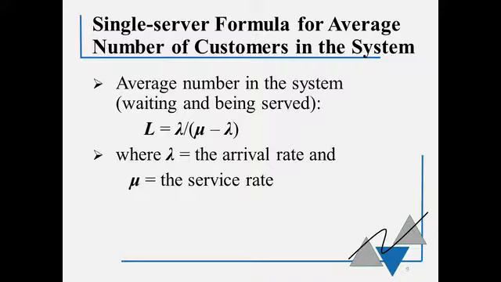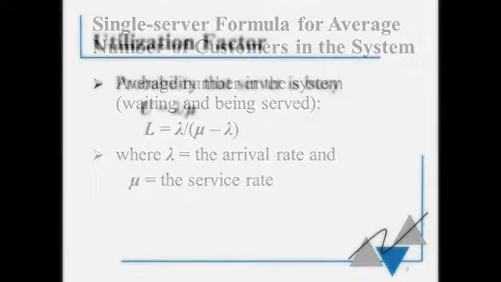As I mentioned before, I want to focus on definitions in this video, but here's just a sample of some of the formulas. So the formula is not difficult. Once we know the average arrival rate for the customers and the average service rate, we can use those to compute some other averages, such as the number of people that are actually in the system, the number of people who are either waiting or currently being served.